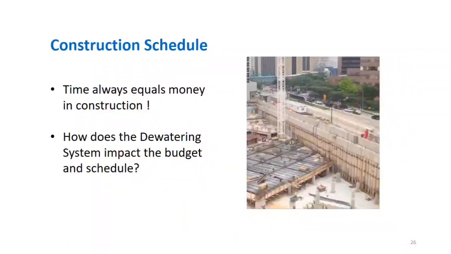Construction schedule, like I said: what is the design, and what are the construction sequences you are following? Sometimes they need to start construction in some part of the building while some part of the excavation is still under further excavation, or they need to keep it dry for a certain period of time. So what is your construction sequence? They may start building on some part, and keep the other part with no construction.